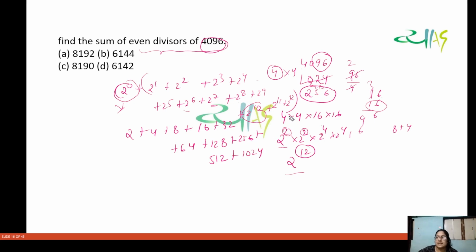All right, and then this becomes 2048, and this becomes obviously 4096. So these are all the even divisors of 4096. Okay, and just add all these, you are going to get the sum.